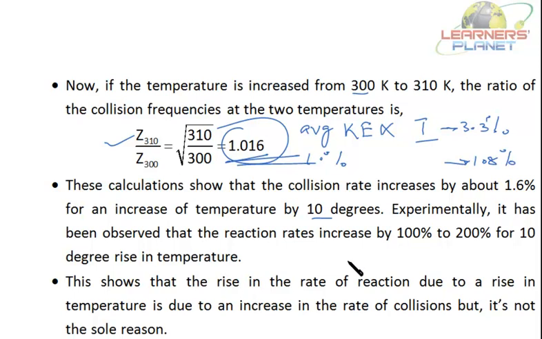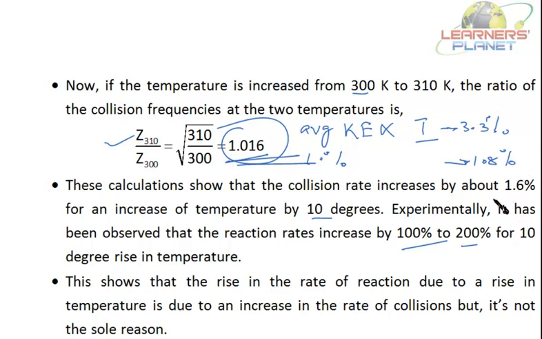But experimentally it has been observed that the reaction rate increases by 100% to 200% for a 10-degree rise in temperature. That is, the reaction rate is doubled. Right? If we do the calculations from the average kinetic energy increase, we find that the average kinetic energy is increased by 3.3%.